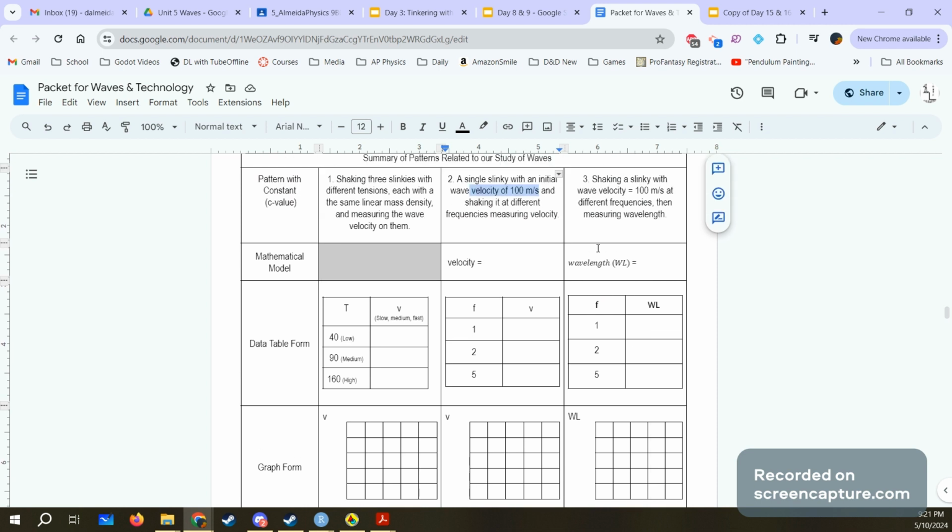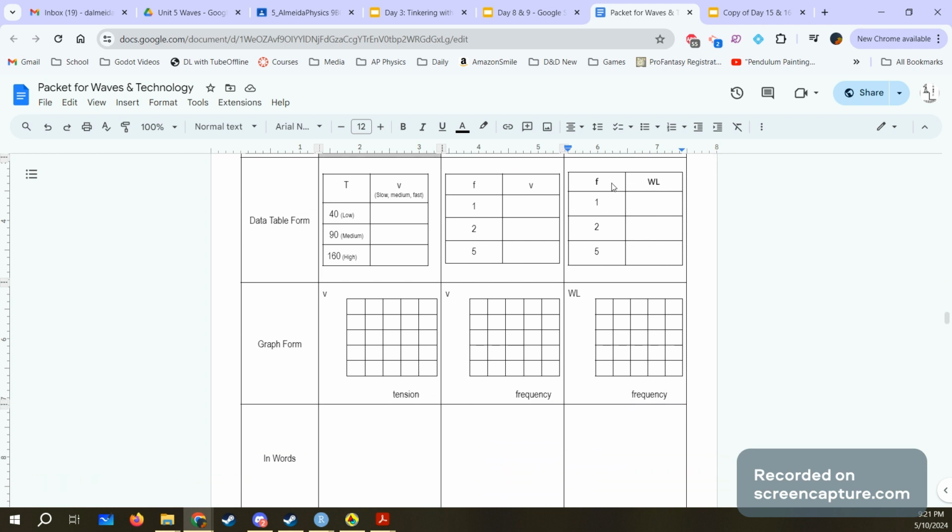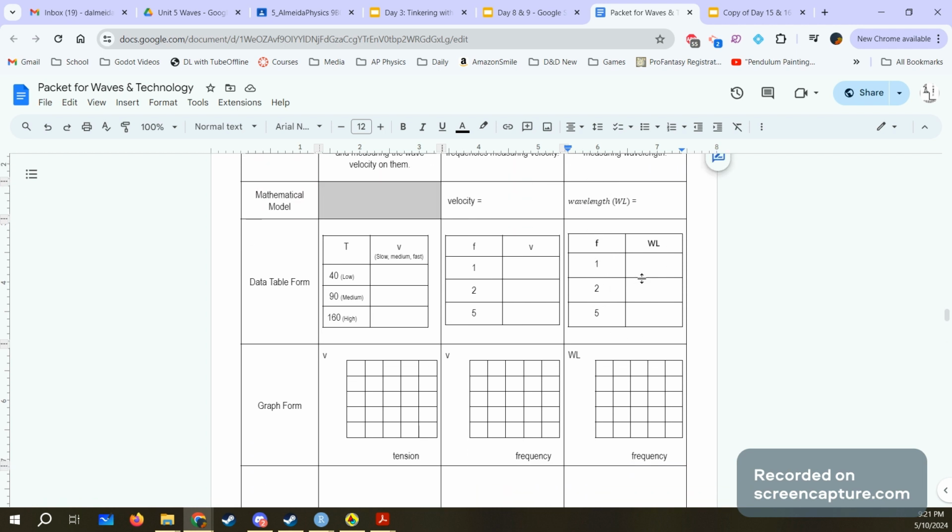Lastly is this relationship with the wavelength. We know that the wave velocity is 100, and we know the equation is wavelength equals wave velocity divided by frequency. So 100 divided by f, and our f changes. The first one would be 100 over 1, which is just 100.